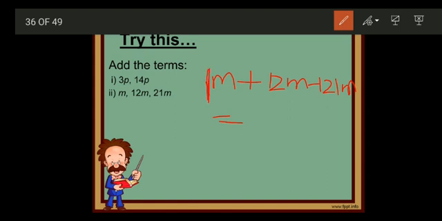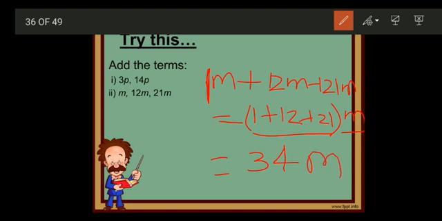Here the numerical coefficient is 1. So 1 plus 12 plus 21, m. We are adding only the numerical coefficients and writing the variable as it is. 1 plus 12 is 13. 13 plus 21 is 34. 34m.